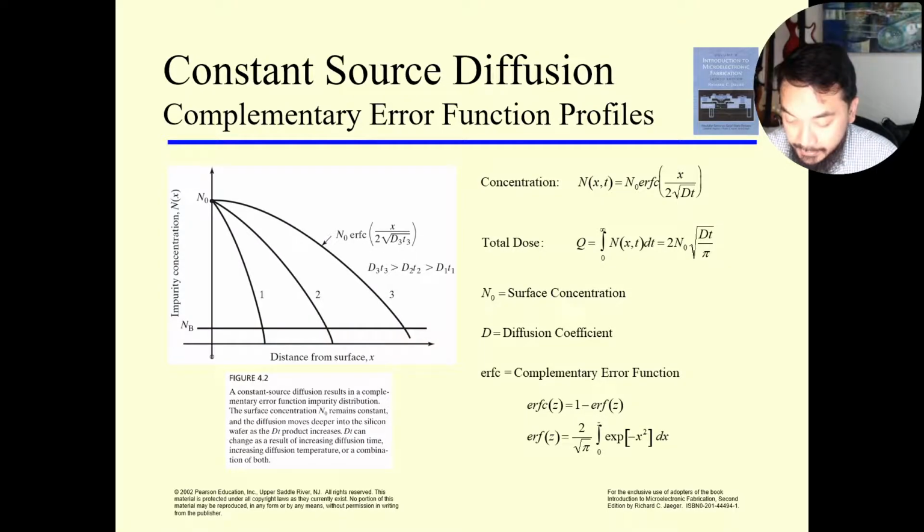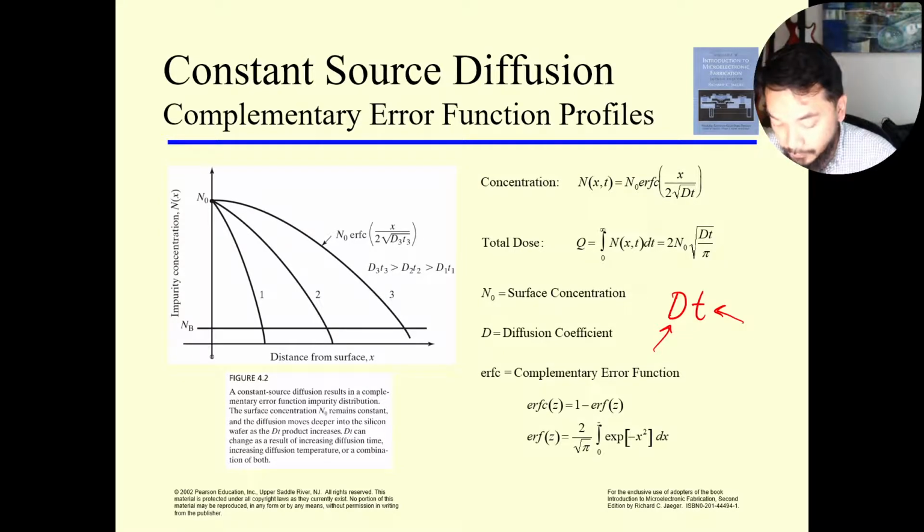Okay, and then another thing that we need to take note of when we are doing diffusion is the figure of Dt. What is Dt? Dt is the diffusion time times the diffusion coefficient.